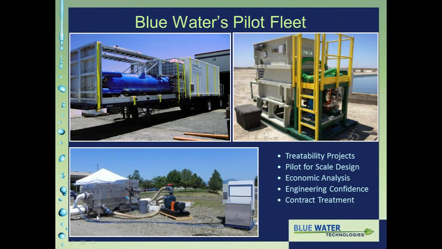This is out for contract treatment at a plant that had a rain event. They had storage capacity, but they needed to treat what was stored. So they had contract treatment for about 1 to 2 weeks with this. It's a 1.7 MGD capacity unit. You can see the pump and the control panels just put on a gravel pad next to their treatment plant to treat that stored volume.